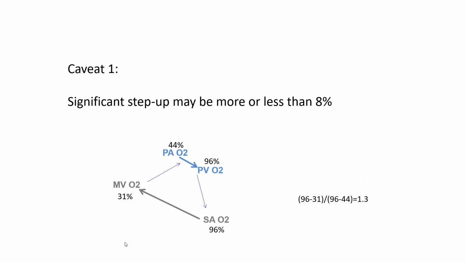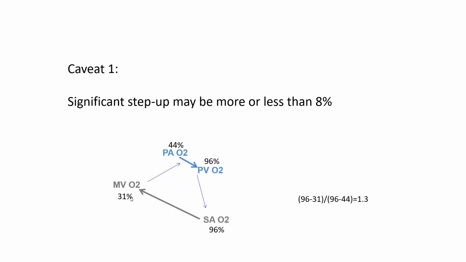There are some caveats to all those calculations and assessment. Caveat 1, significant step up may be more or less than 8%. So that 8% is not a stone cold number. Let me give you this example. Let's say this patient has a 31% SVC sat and 44% PA O2 sat.